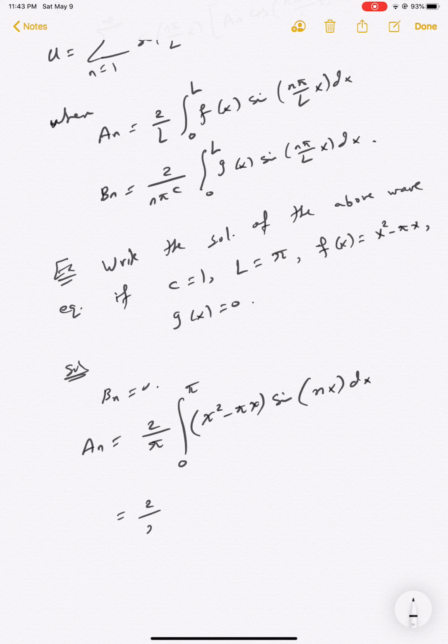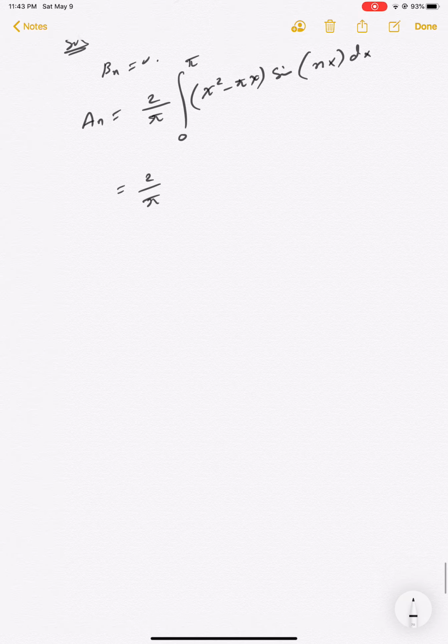So now we need to find this integral. We find it by integration by parts. The u is x squared minus pi x, this is dv, sine nx. You differentiate three times in fact, and you integrate.